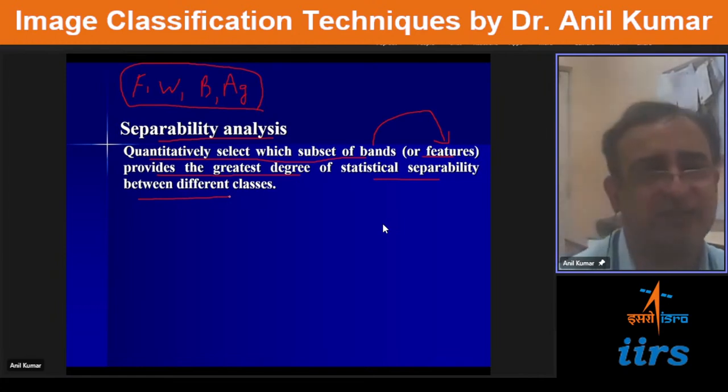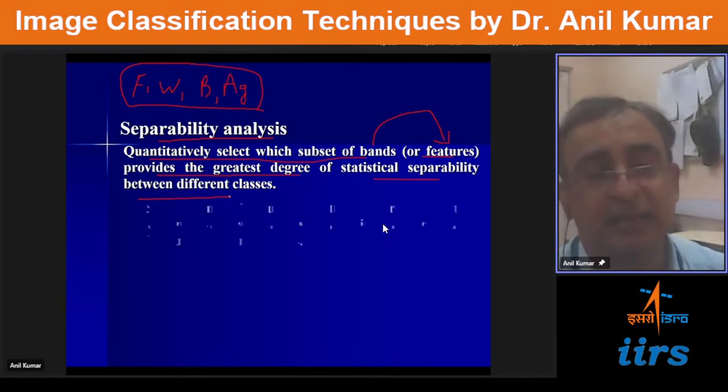Classification means we should have sufficient distance between classes so that the algorithm classifies all the classes very nicely. So we have to see which band combination I should select from my given input data, which can give the greatest degree of statistical separability. So that is the use of separability analysis.